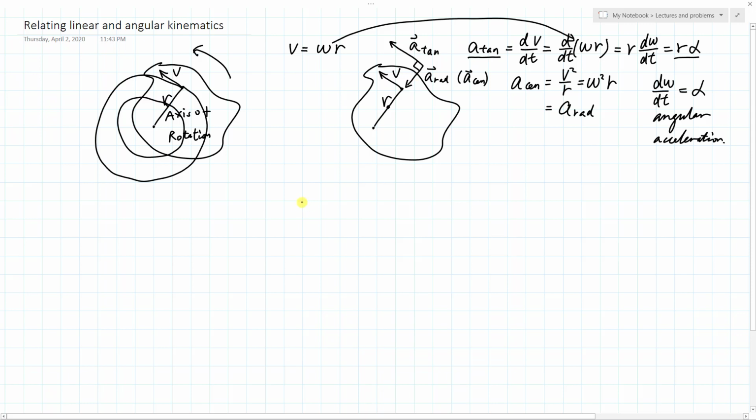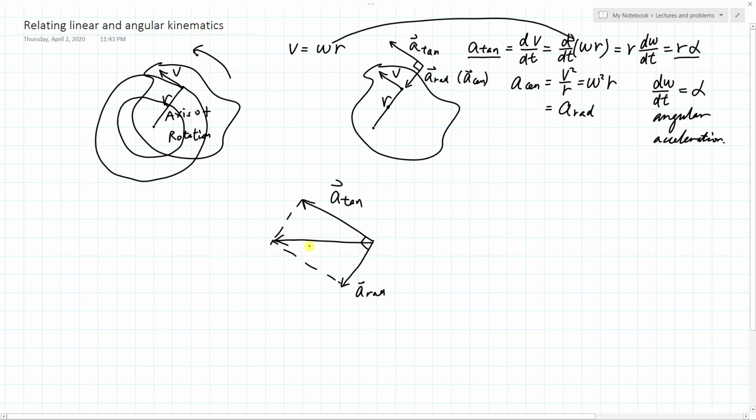So let me redraw that over here. So the tangential and the radial. Try to make this a 90-degree angle.